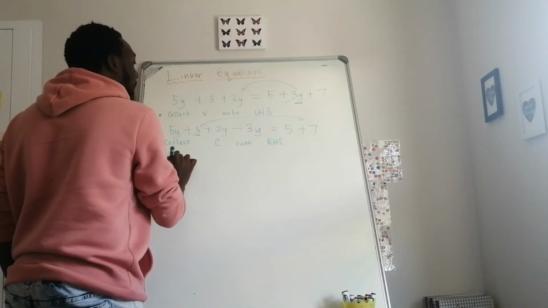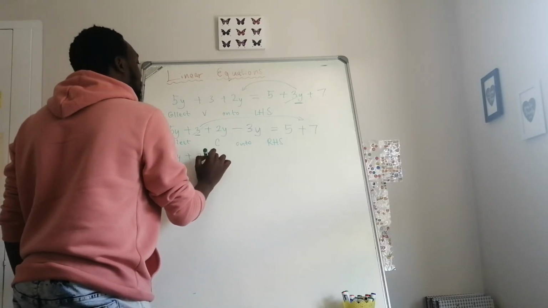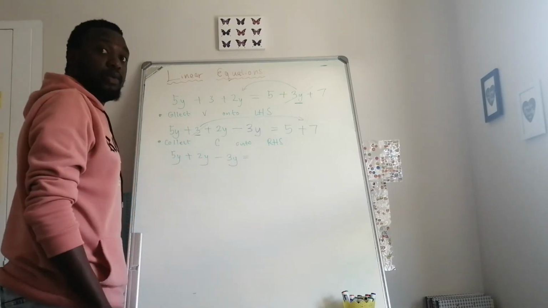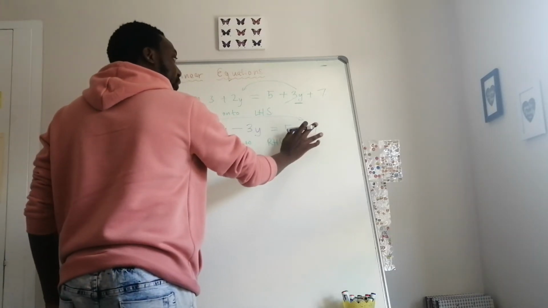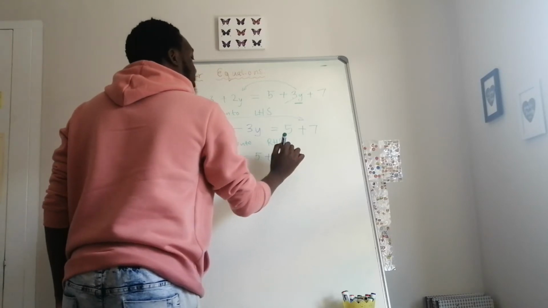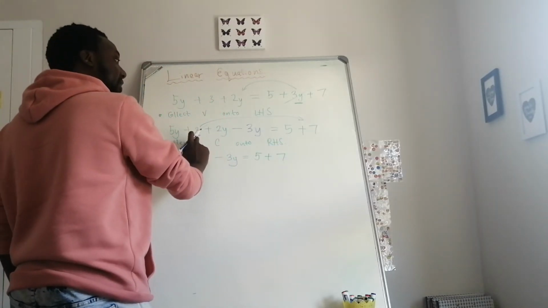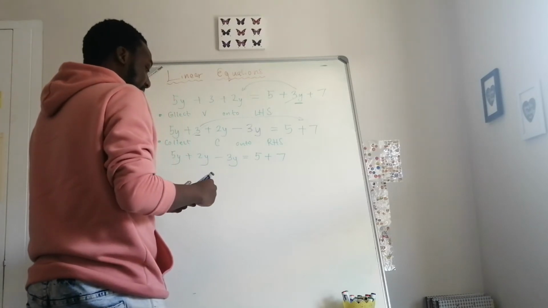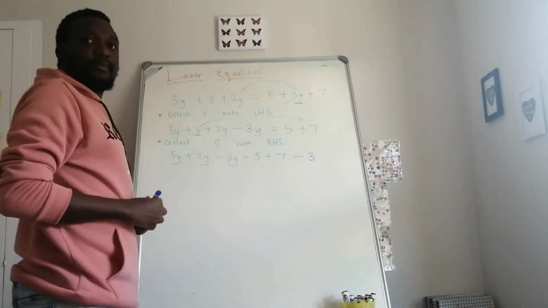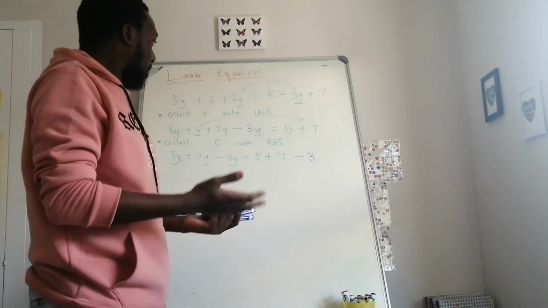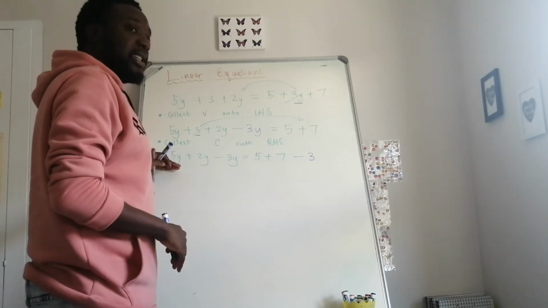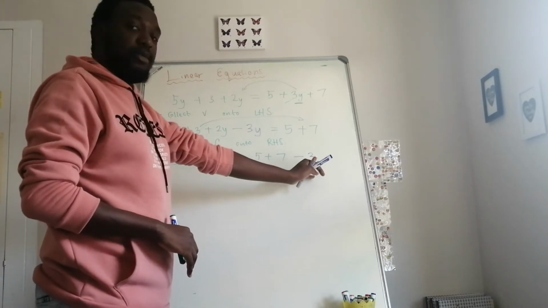I have 5y plus 2y minus 3y is equal to, right? Here you start with whatever you have on that side. So I have a 5, a plus 7, and then this positive 3 comes that side and becomes a minus 3. Still with me, right? Now, if you look at your equation, all my variables are on my left hand side and all my constants are on my right hand side.